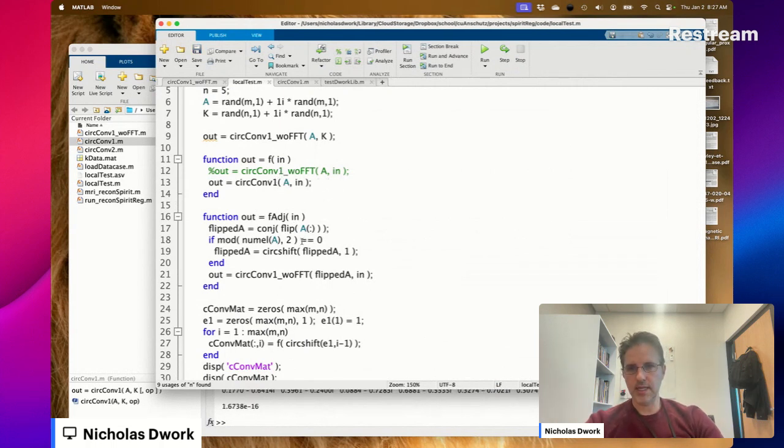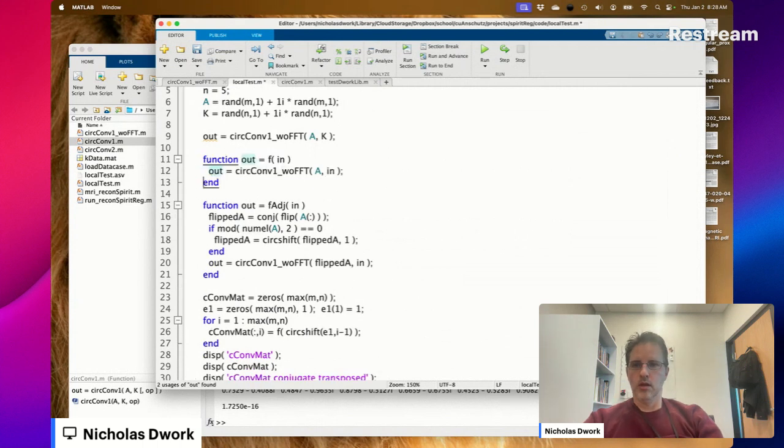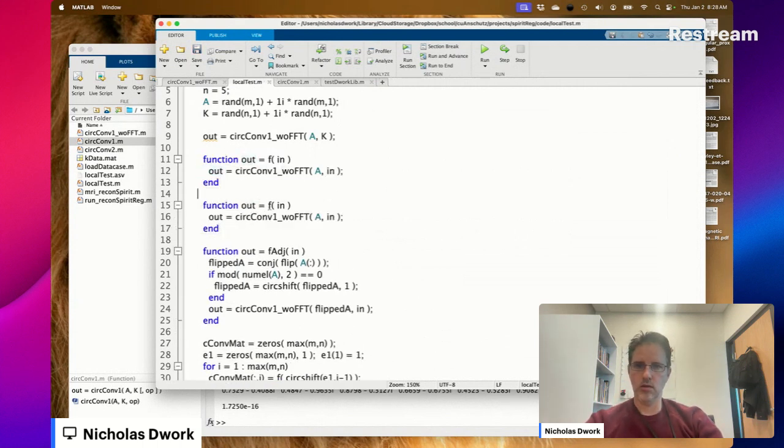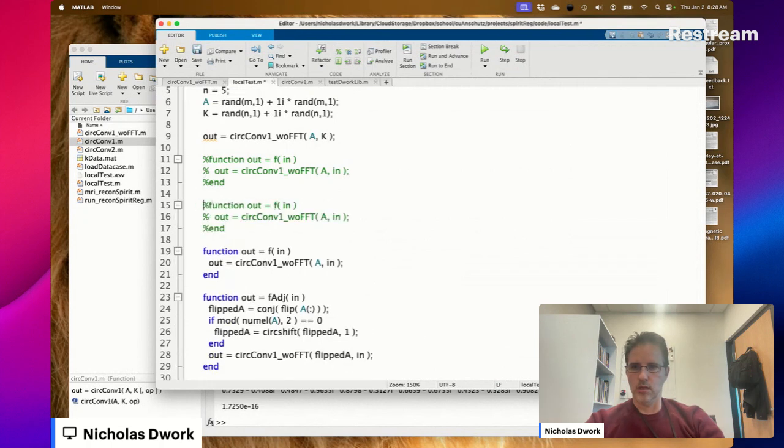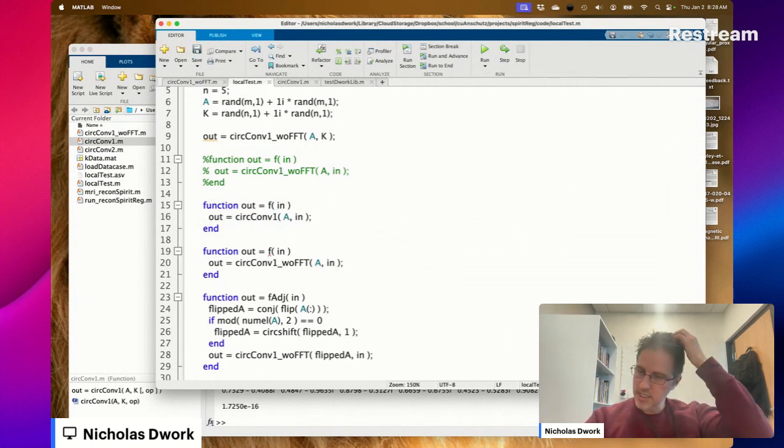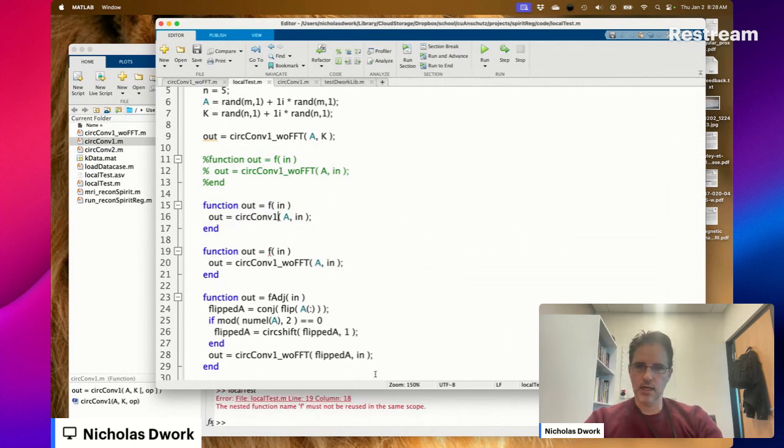Okay, I've replaced that. If I replace the operation in the function f from the circular convolution without the FFT to the circular convolution with the FFT, oh, then nothing works.